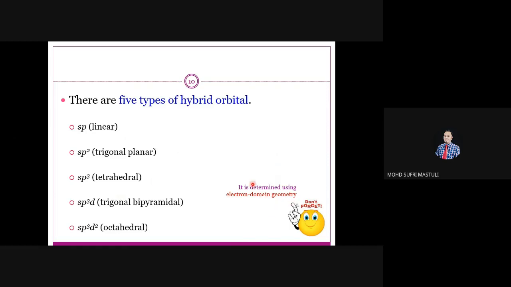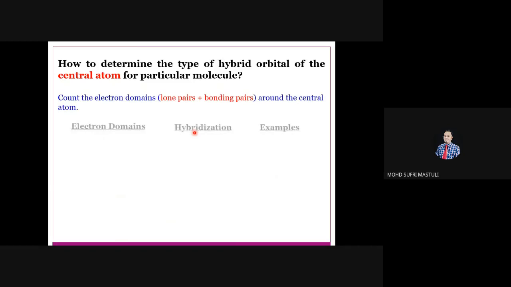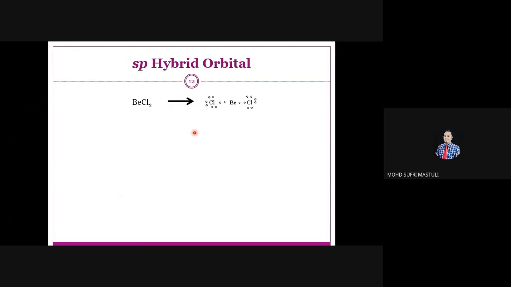This means that before we decide the hybridization, we have to count the electron domains, bonding pairs plus lone pairs. This is the procedure to determine the hybridization: electron domain of 2, 3, 4, 5, and 6. So we went into detail before to explain every type of hybridization.